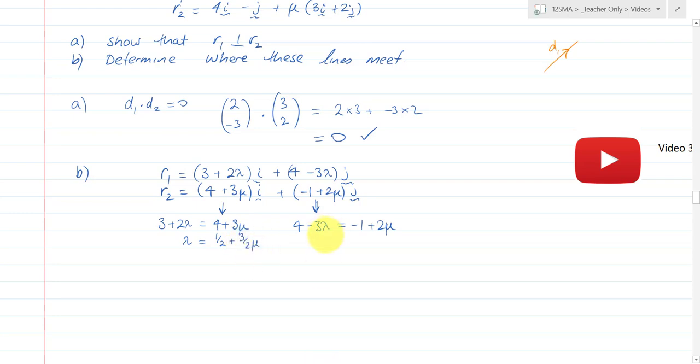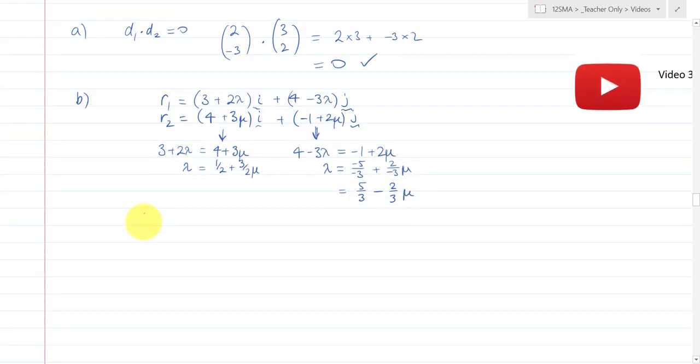And over here, I get lambda is equal to negative 5 over negative 3 plus 2 over negative 3 mu, which is equal to 5/3 plus 2/3 mu.